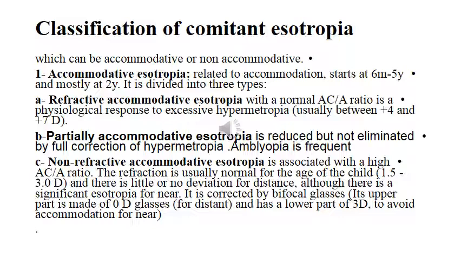Bifocals are used for the non-refractive accommodative esotropia, which is caused by high ACA ratio with normal refractive error. In bifocal glasses, the top lens contains no power, 0 diopter, and the bottom lens contains +3 diopter. This +3 will normalize the ACA ratio so that the deviation for near disappears.